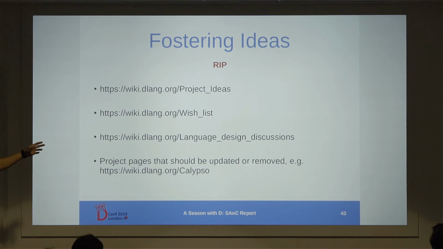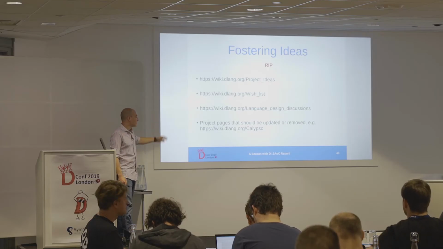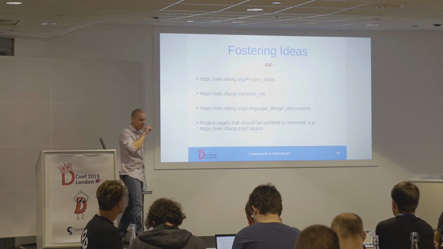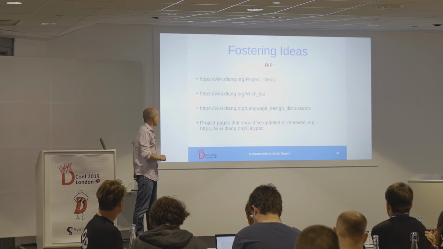We have a wish list, and if I'm coming from the outside and I see the wish list, I might think, hey, something in there is useful, something there needs my help. But then the last commit in the history was in 2015, so I guess it may not be updated.